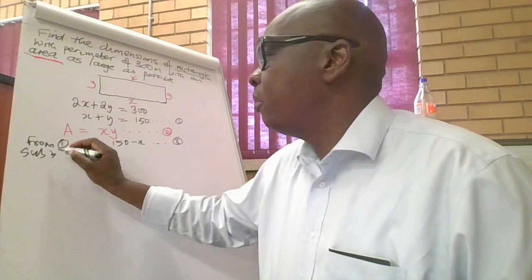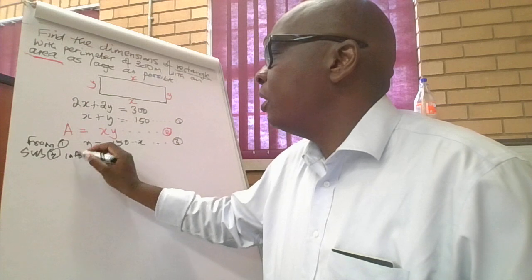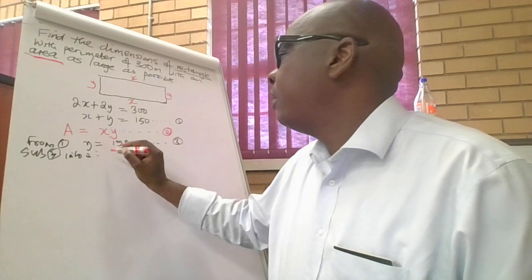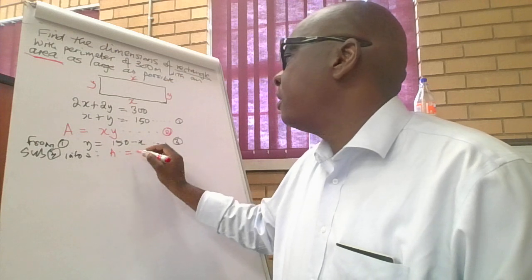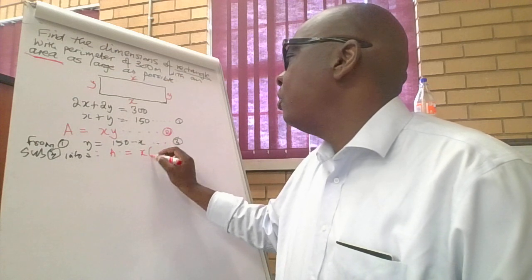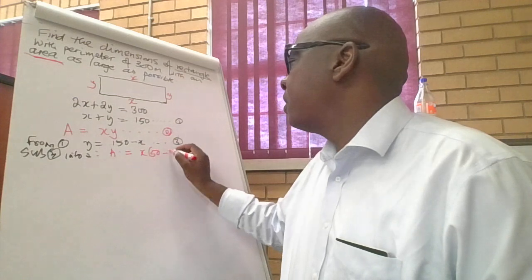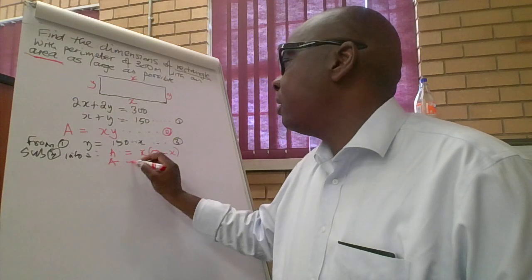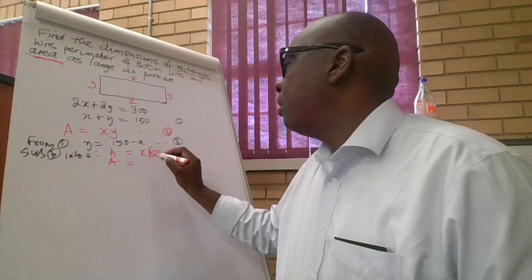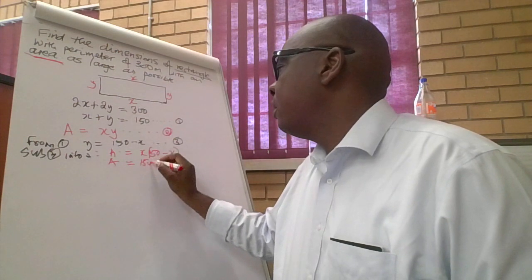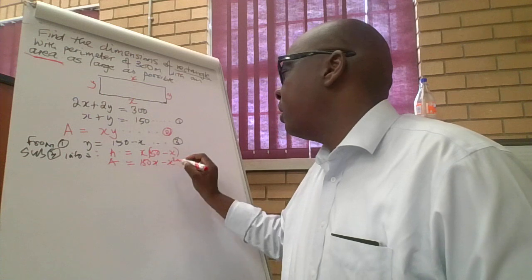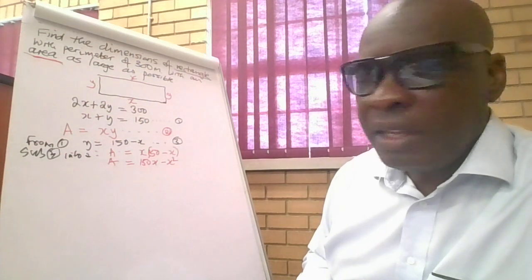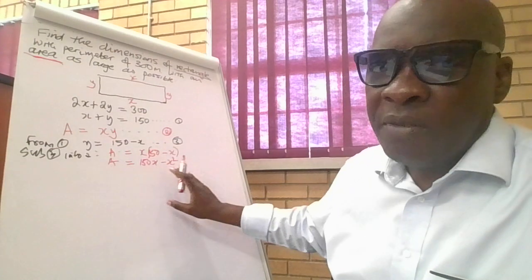If I substitute equation 3 into equation 2, then I have the area being given as x into y, which is 150 minus x. And if I expand this, that's the same as A is equal to 150x minus x squared. So I have a formula to calculate area which depends on one variable, x.